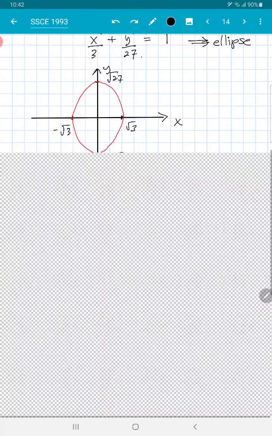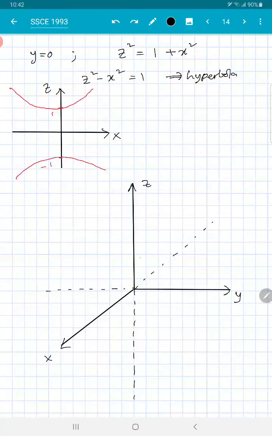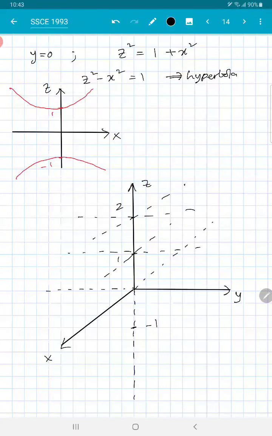Okay, so we have z equals 1. Okay, let's say that's a 1. Gonna sketch that here. And we also have 2 and negative 2. So that's a 2, and here we have a 1, negative 1, sorry.